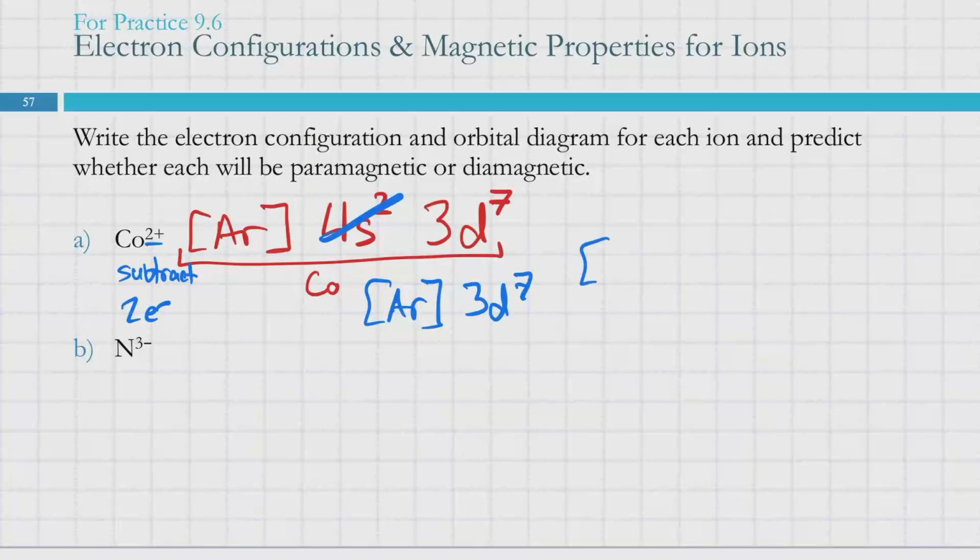So our orbital diagram: argon, empty 4s. Then we've got 3D. How many boxes do we draw for 3D? 5. D gets 5 boxes. We have to add in 7 electrons. We're going to fill them in with parallel spin first. So our first 5 are up. And then we add in 2 more, and those get paired.